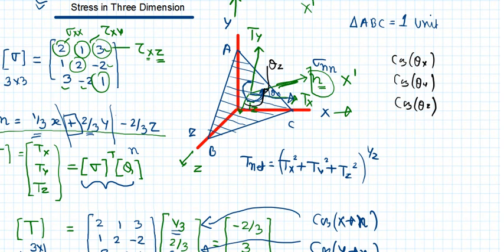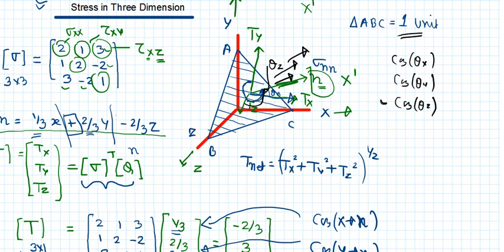Ty multiplied by this cos theta will give the force along this direction. Similarly, if the traction force is acting in the z direction, multiplied by cos theta z, it will give the force along this direction. So you will have the forces with respect to Tx, Ty and Tz added up, and that will give you the total force along this direction. And stress is nothing but this combined force divided by the area, where we have considered this a unit area.